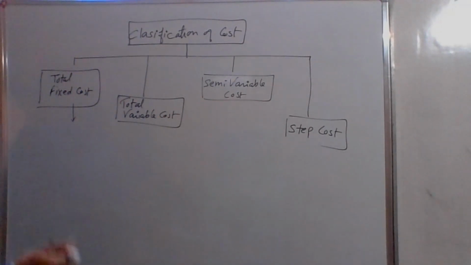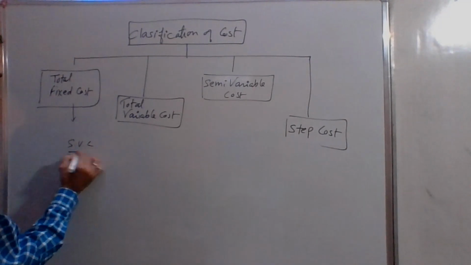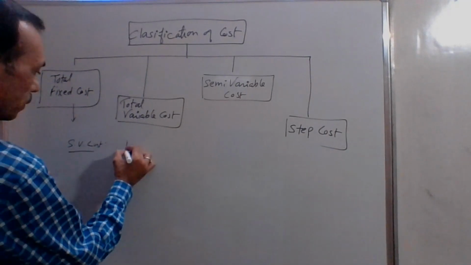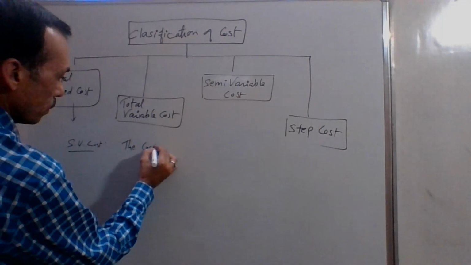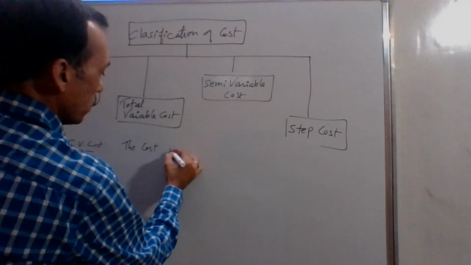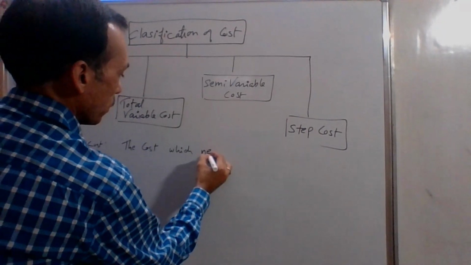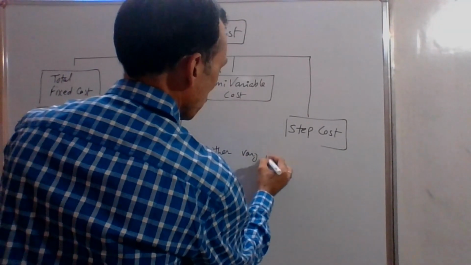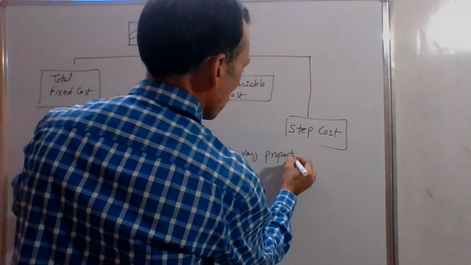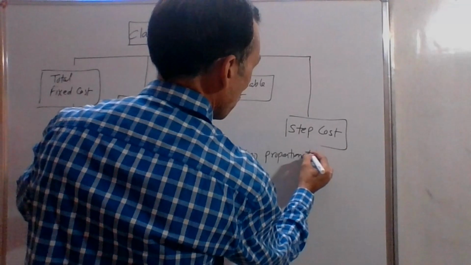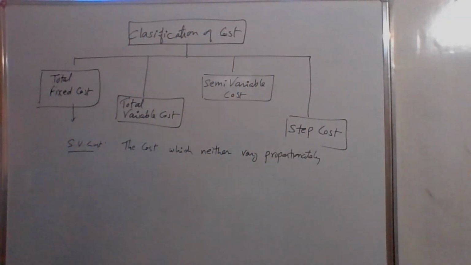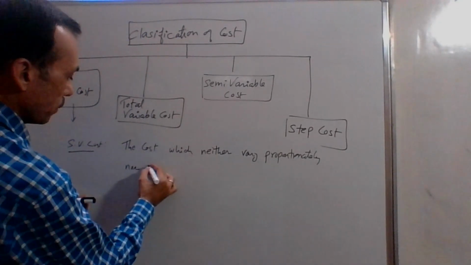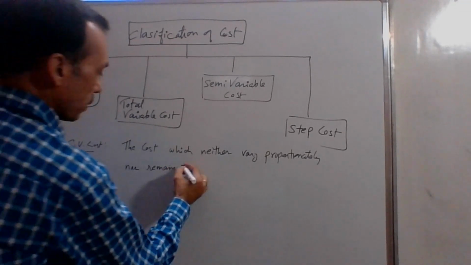Third is semi-variable cost. Semi-variable costs are the costs which neither vary proportionately nor remain static.